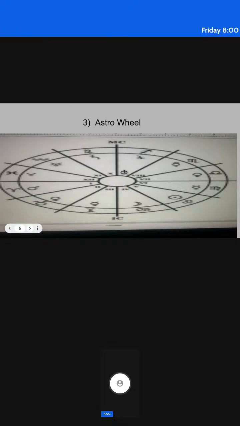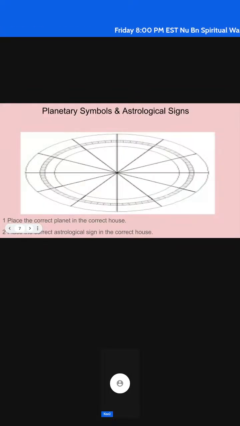By this time, you should begin to be at a place where you can put in either the signs or symbols in the chart, if you've been following along. So place the correct planet in the correct house. Place the correct astrological sign in the correct house.